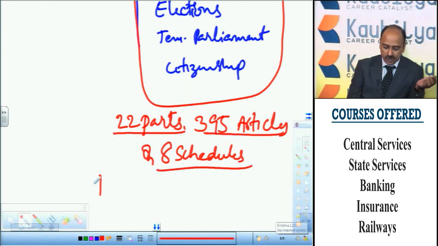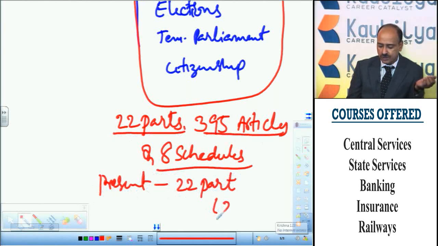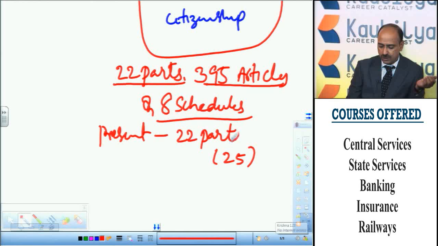But at present our constitution has the same 22 parts, but including subparts there are 25 in our constitution. Nobody has the power to change the basic structure of the constitution.